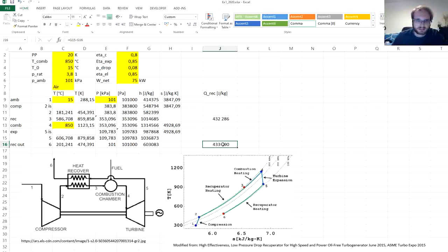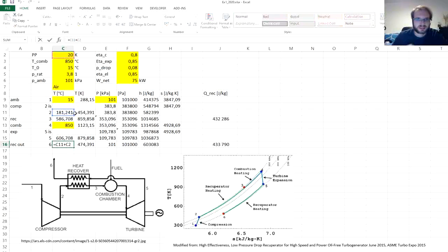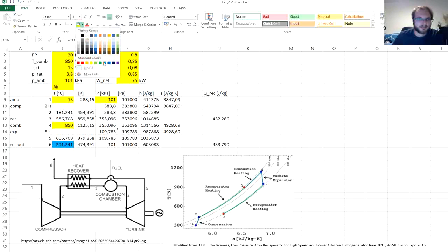What will actually happen is that as we used here the temperature difference 20 degrees C, it will not be that, but it will be a little bit higher. So let's put this cell into the blue, which will be the iterative cell.